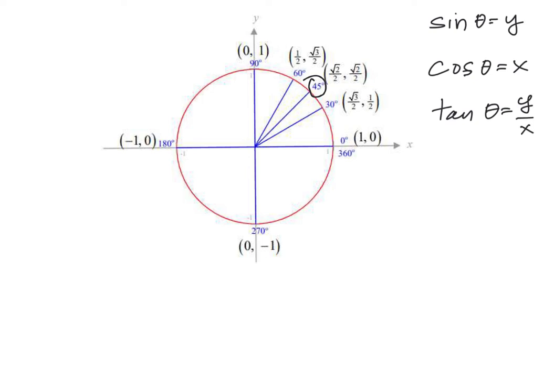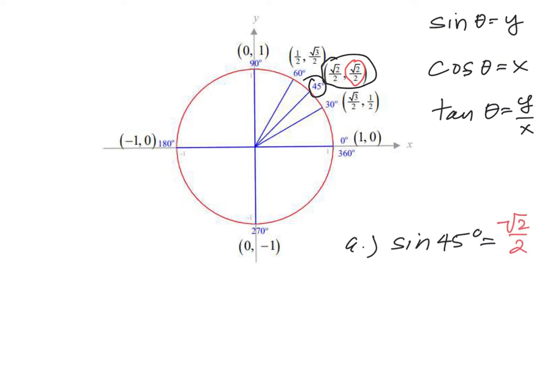So for the first one, it said sine of 45 degrees. That was part A. So sine of 45 degrees is equal to the y value of this coordinate right here. So what's the y value of that coordinate? Happens to be this guy right here. That's the y coordinate. So that's square root of 2 over 2.